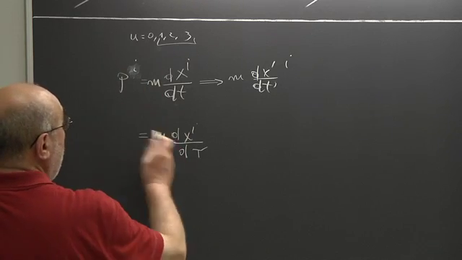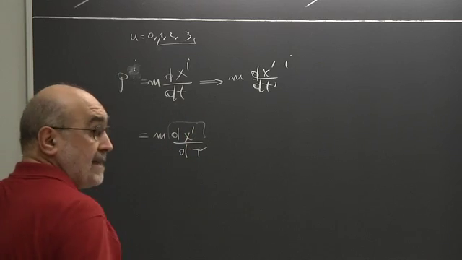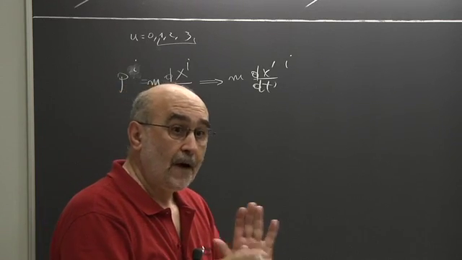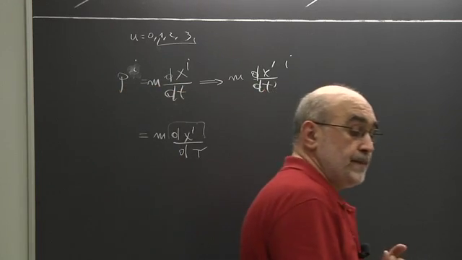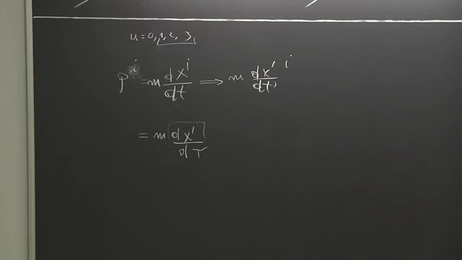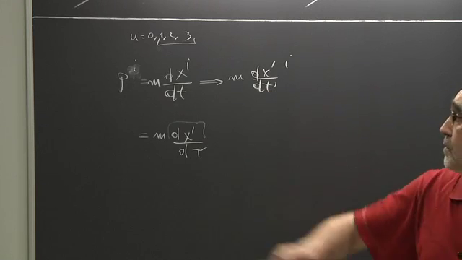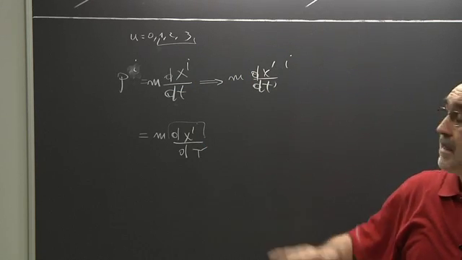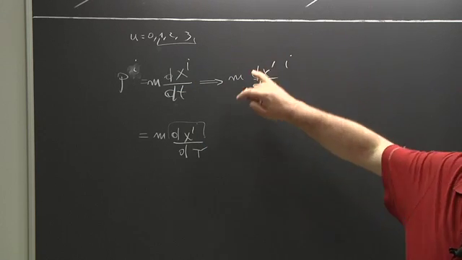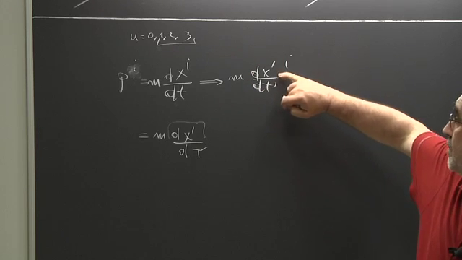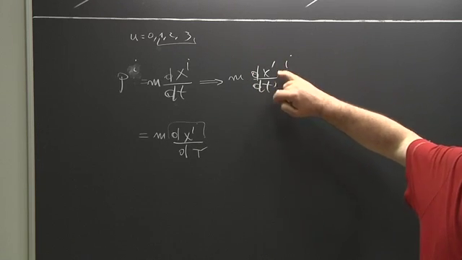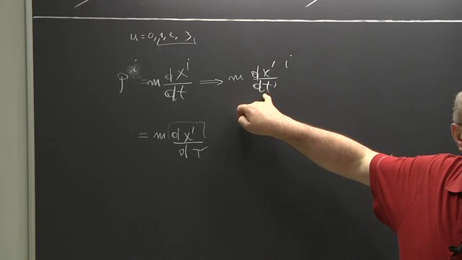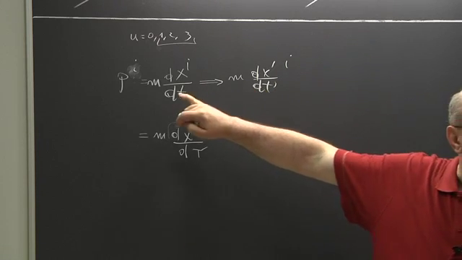Then this p^i transforms as dx^i, that means as a vector, okay? So the physical reason, if you want, is that besides not having the right transformation property under Lorentz, because both the numerator and denominator change, this one is not conserved, okay?